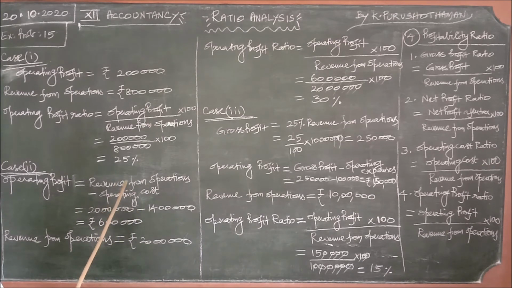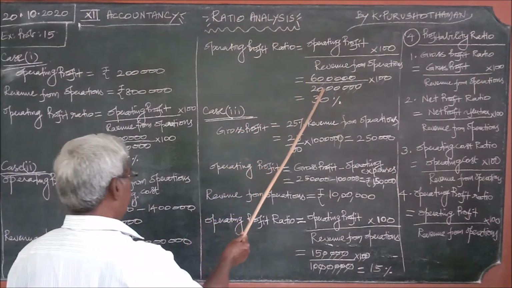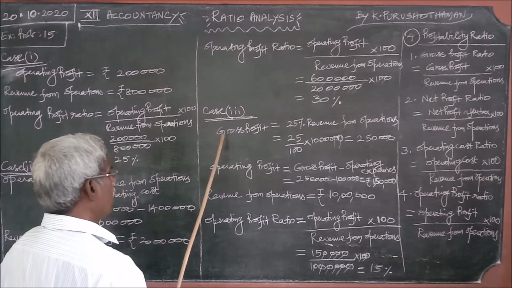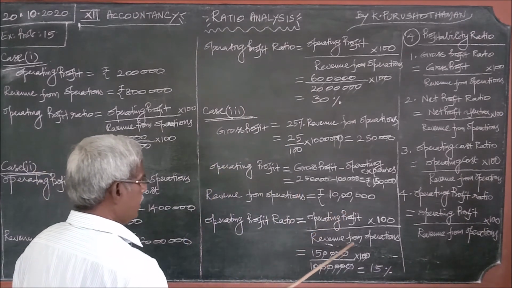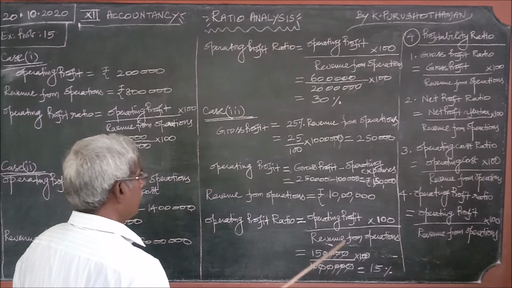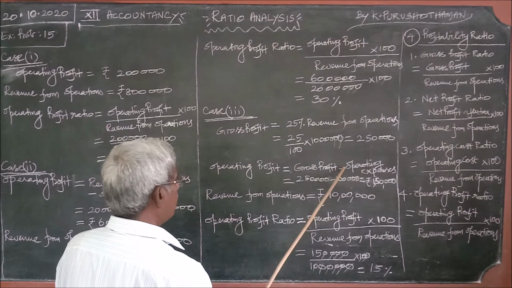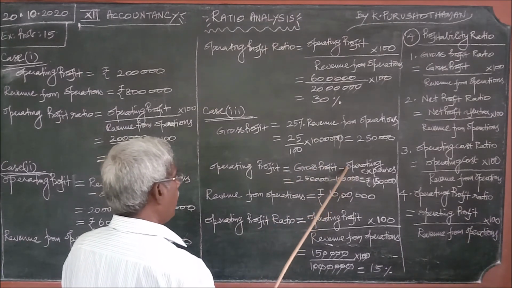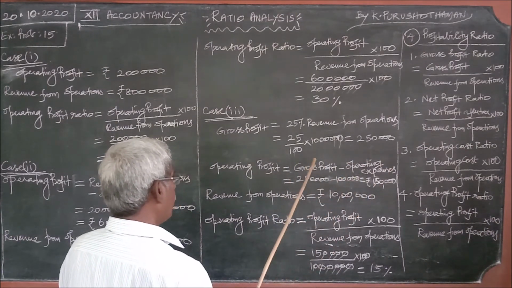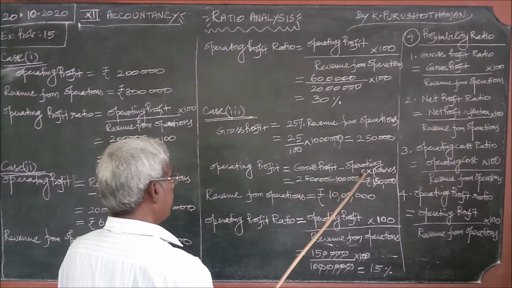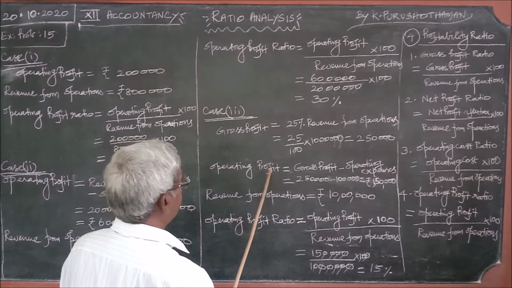Therefore, from revenue, if you minus operating cost, you will get this operating profit. So, operating profit we know, revenue from operations we know, we have substituted. In case 3 also, revenue from operations, that is the denominator value only is given. The operating profit is not given. For that, what is given? Gross profit and operating expenses are given. So, from gross profit, if you minus operating expenses, we can find the operating profit.